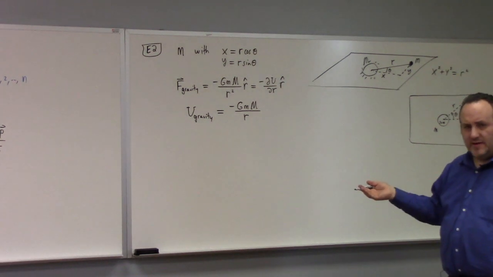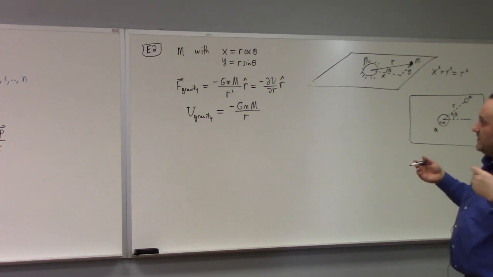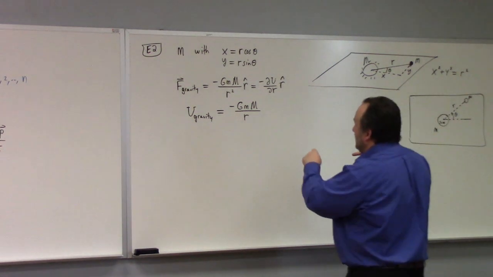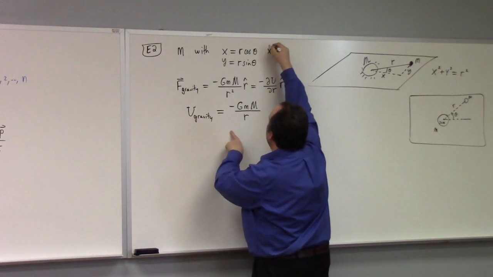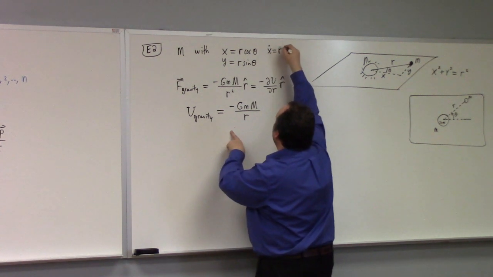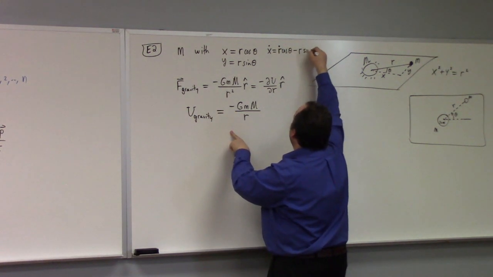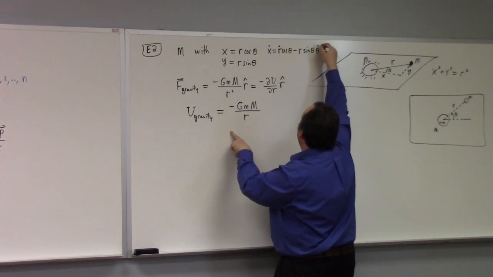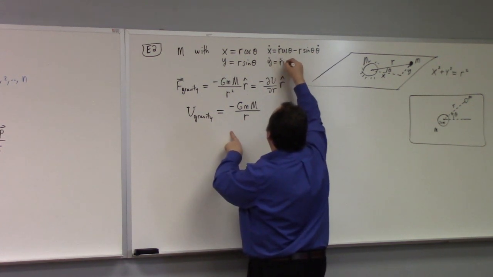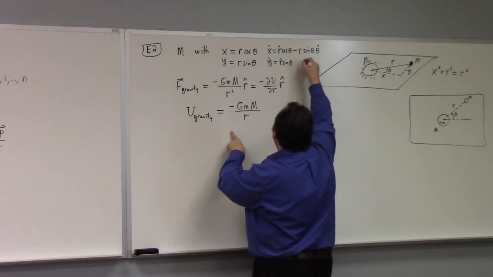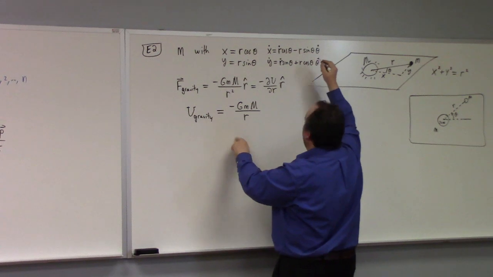Obviously, I don't want to use x and y coordinates this time, right? I want to use r theta coordinates. How do I find the speed in r theta? How about this? We just take this and we differentiate, right? x dot is equal to r dot cosine theta minus r sine theta theta dot. And y dot is equal to r dot sine theta plus r cosine theta theta dot.